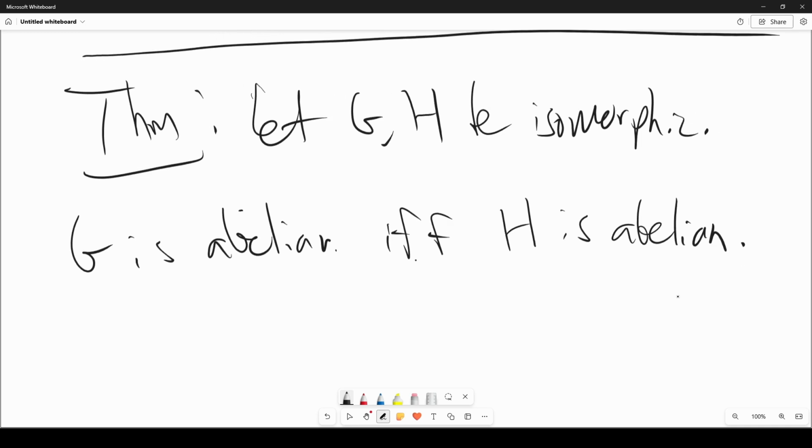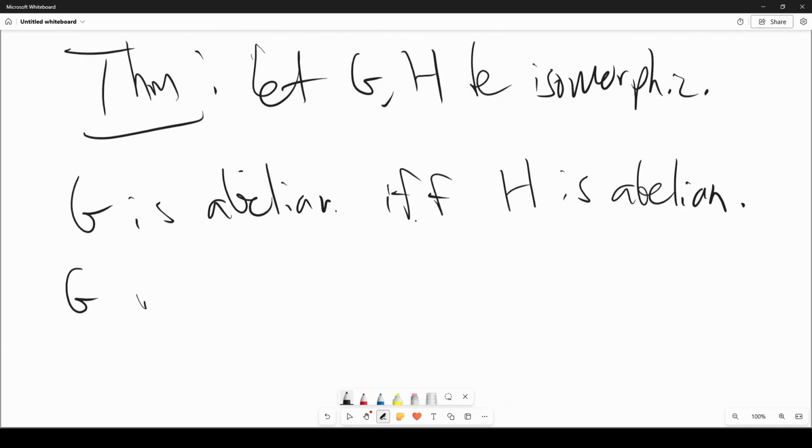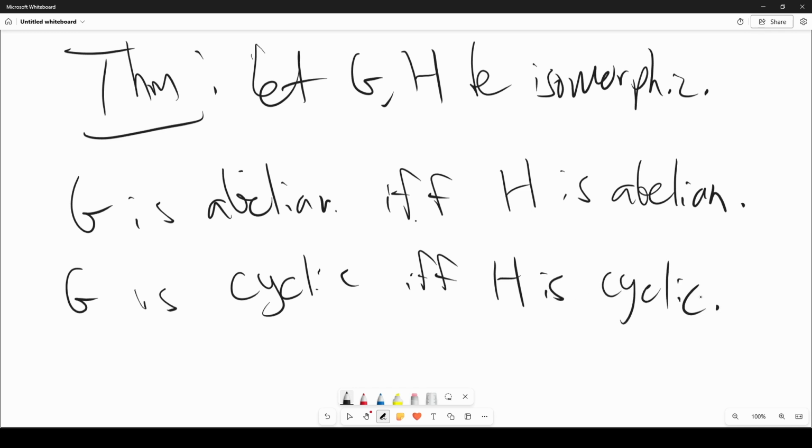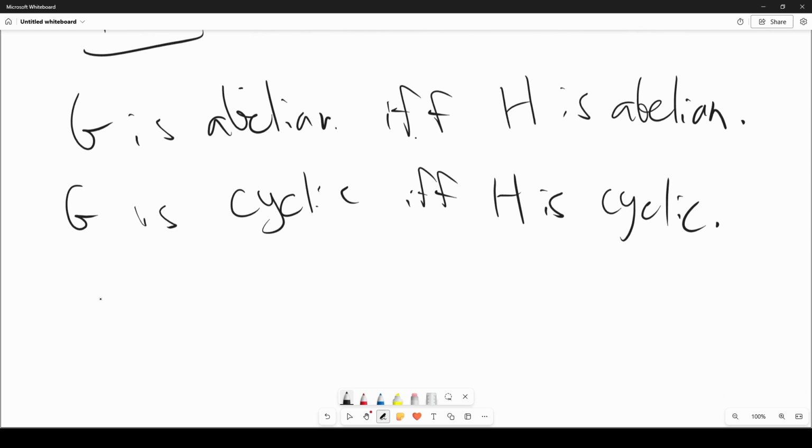We also get G is cyclic if and only if H is cyclic. If you're curious what cyclic means, I'm going to define it in a second and leave it as an exercise for you to do. Okay, proof.